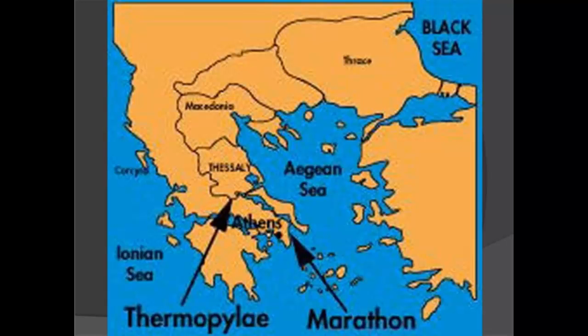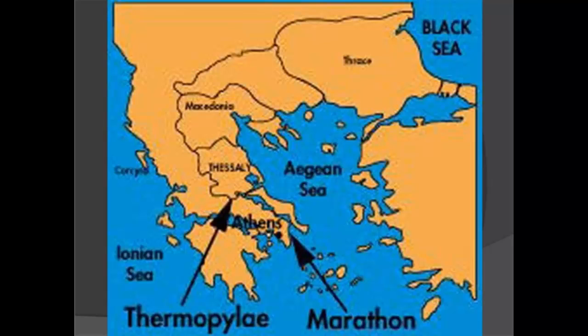So, if we zoom in to take a look at the location, you can see with the arrows exactly where Marathon is. A small little area inside the peninsula there, right by the Bay of Marathon.